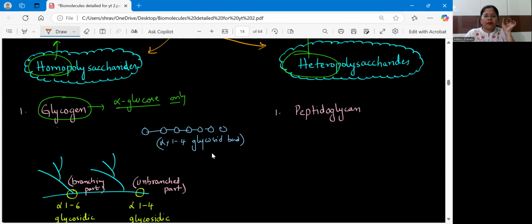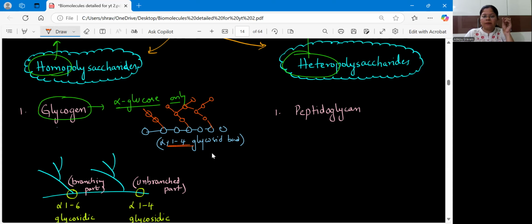So let us say from this glucose, one more branch is arising like this, and again like this. So it goes on. So we can have the branches over the main stem. And you have to remember that all these branches are linear. So we have a main stem which has alpha 1,4 glycosidic bonds.